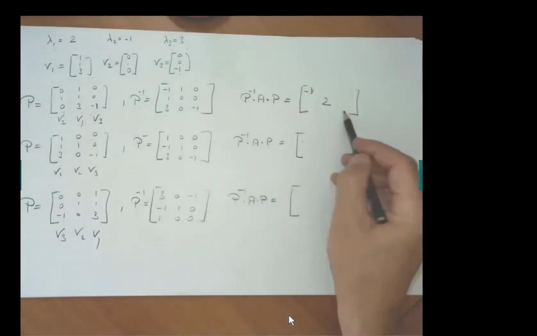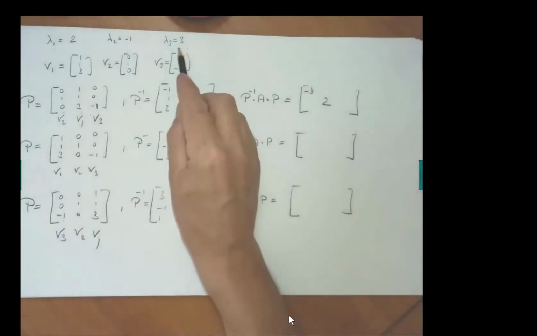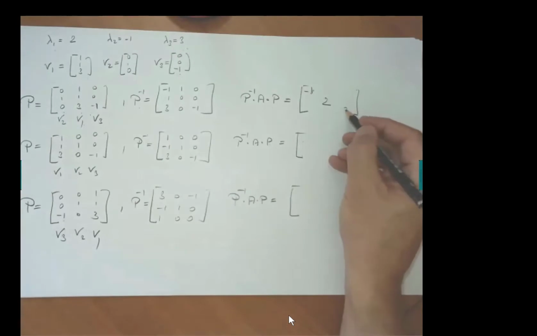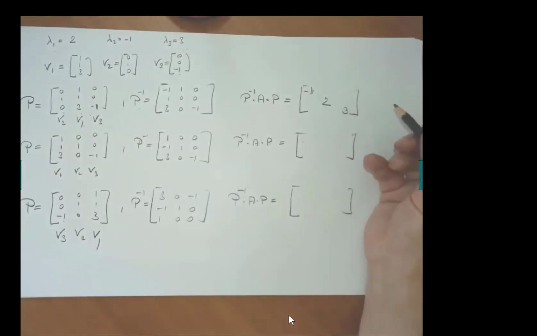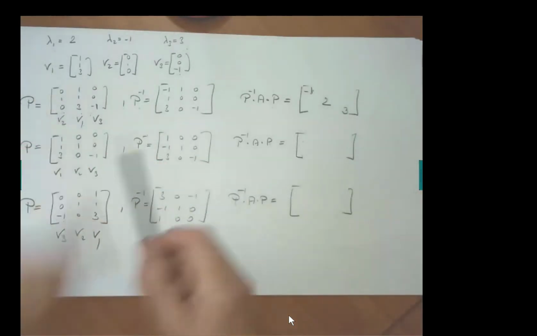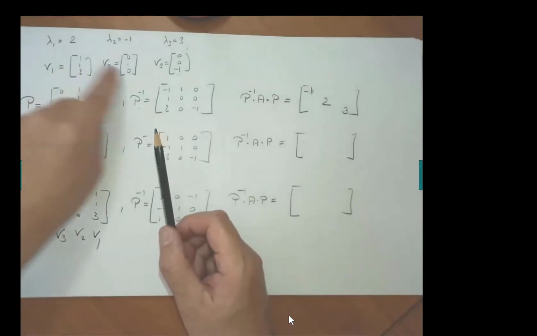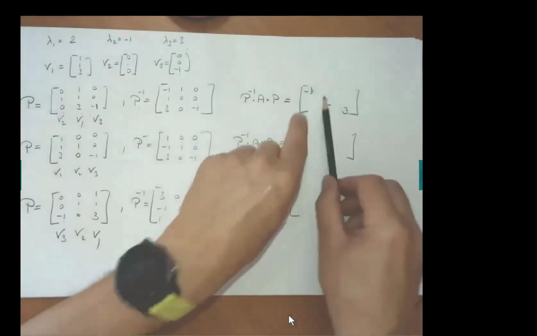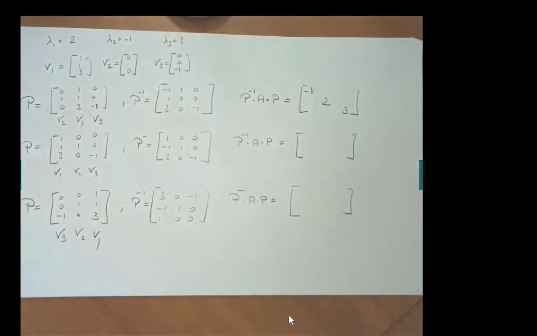And the third number is the eigenvalue for the third column, which would be 3. Because in the moment you fix in which order you write these eigenvalues, you fix the numbers in the diagonal, because it corresponds always to the eigenvalues of the corresponding column.